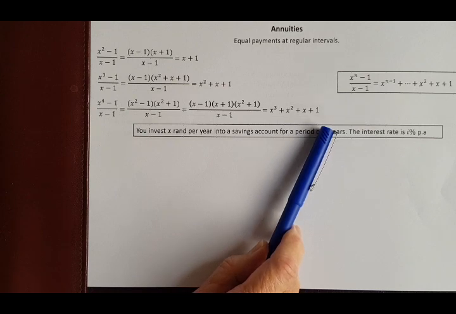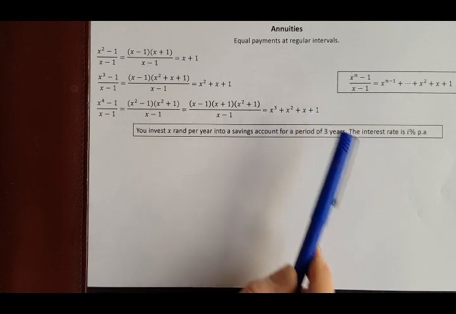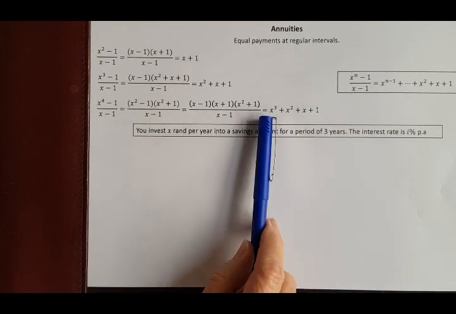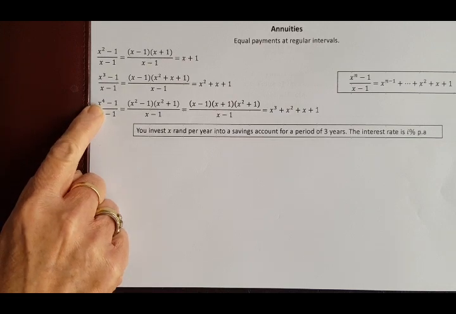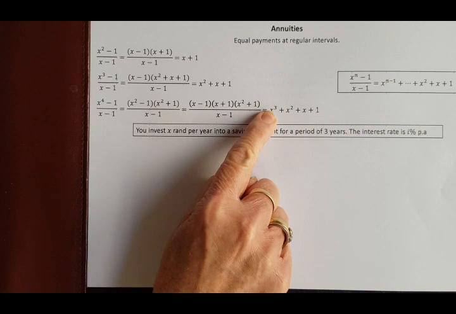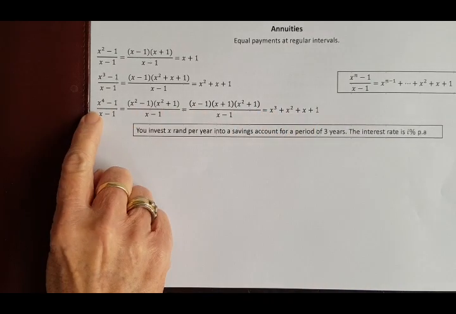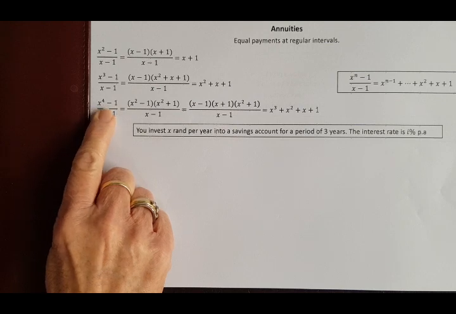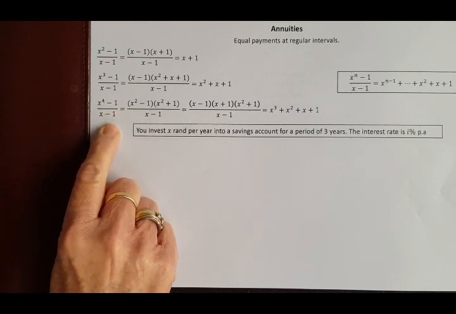I hope you can see the pattern. Can you see that if you're adding descending powers of x, this power here is just one more than that power over there. So x cubed plus x squared plus x plus 1 is exactly the same as x to the power of 4 minus 1 over x minus 1. And this works in general terms.